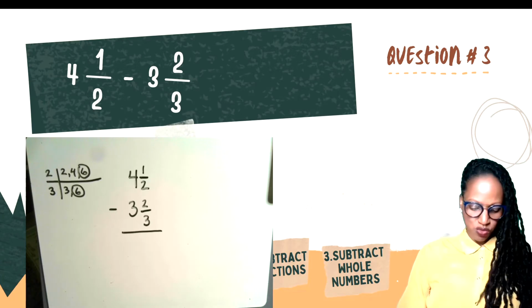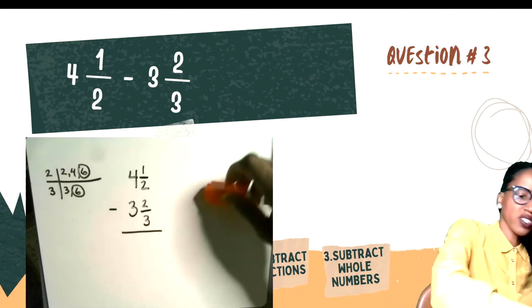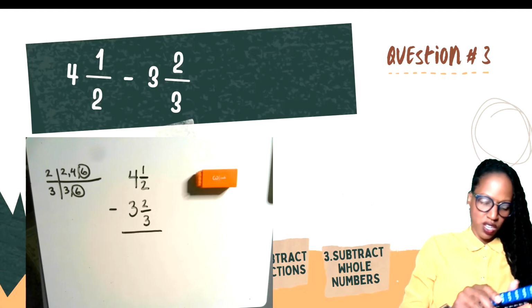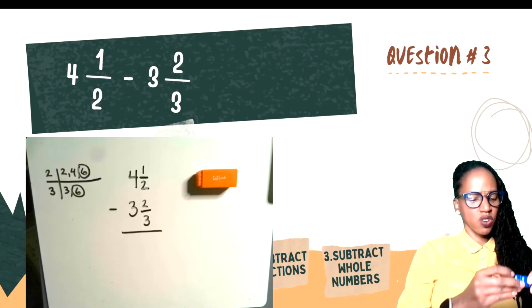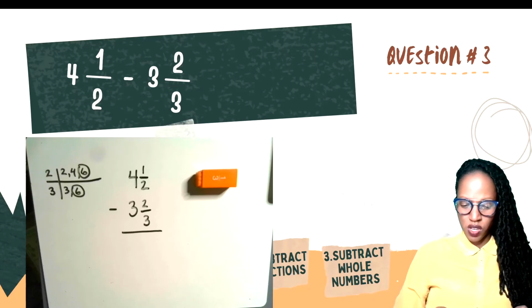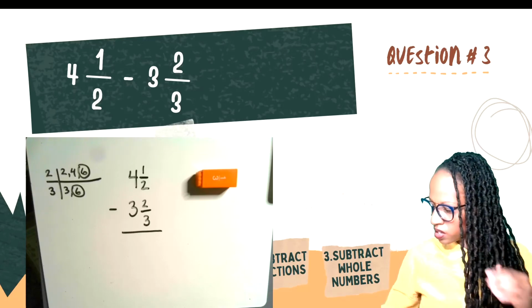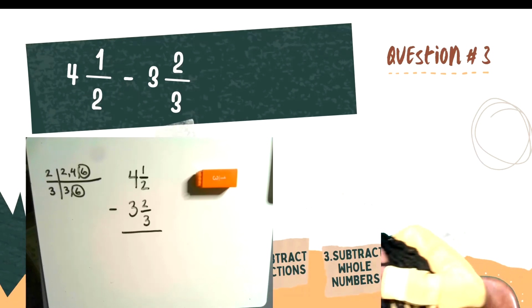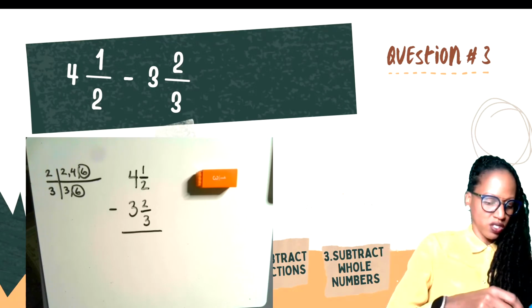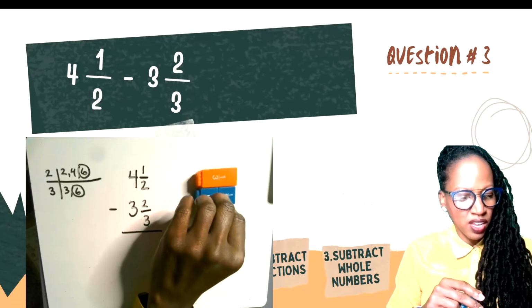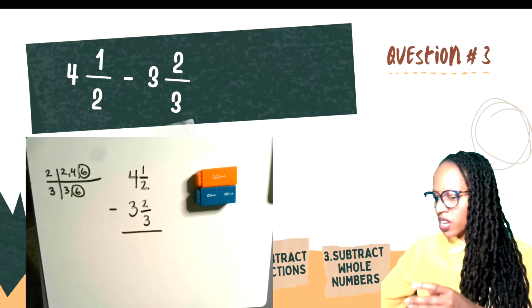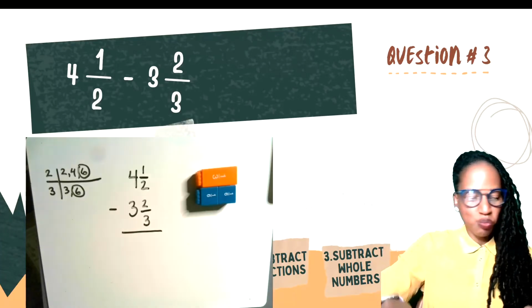Just to show that equivalence, we have 1/3 and it's equivalent to how many sixths? Well, 1/3 is equivalent to 2 sixths, and we can see that, okay? But let's go ahead and knock out this math here.